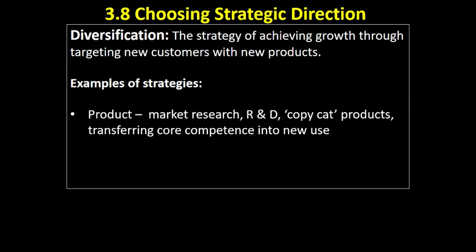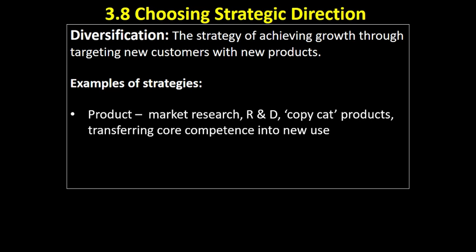Or we might be transferring a core competence into a new use. What do I mean by that? Well, if you look at a company like Dyson or Apple, those companies tend to have a core competence of design. Dyson have moved from hoovers to hand dryers to fans, and now into electric cars.